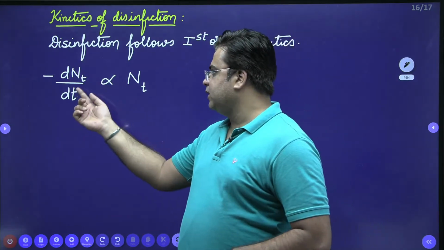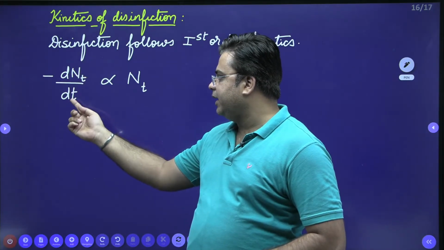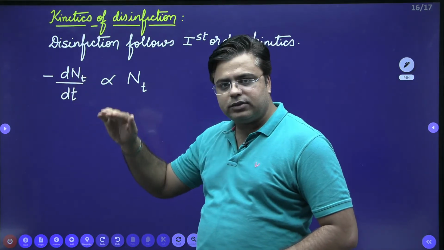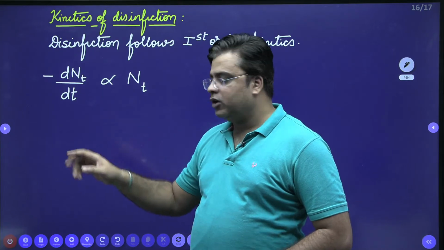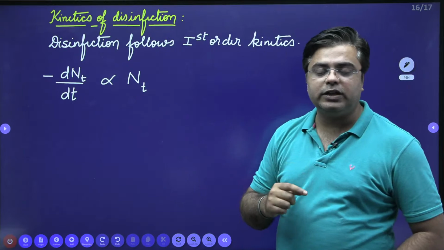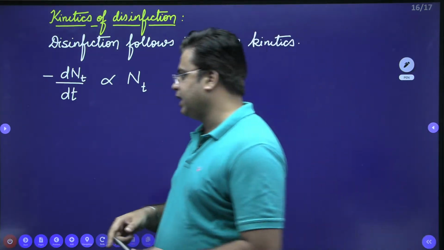So the rate of disinfection is minus dNt by dt. This minus sign is there because the number of microorganisms are reducing, they are getting killed. So minus dNt by dt is the rate of disinfection or the rate of killing of microorganisms.